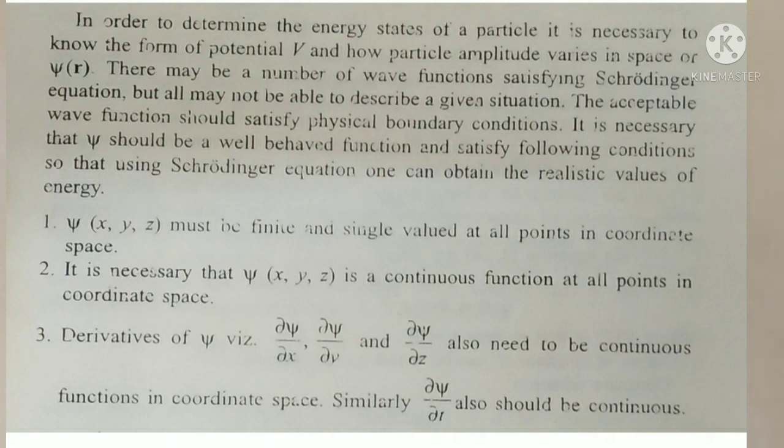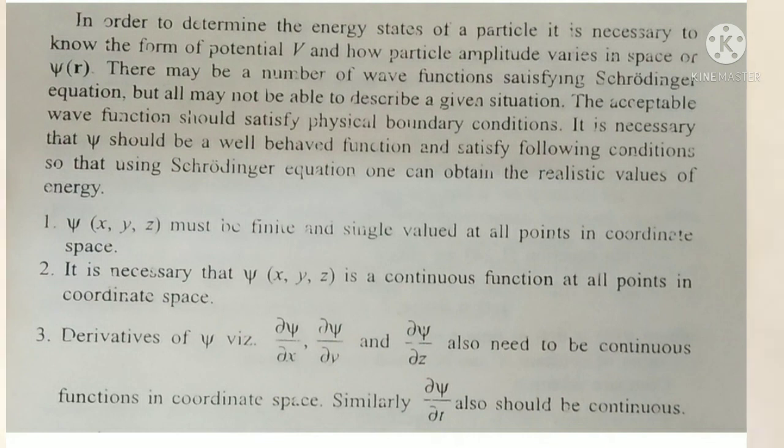Second, it should be continuous at all points of the coordinate space. Third, the derivative of psi, in 3 dimensions, that is del psi by del x, del psi by del y and del psi by del z, must also be continuous.